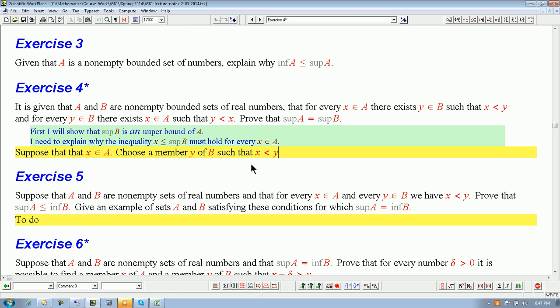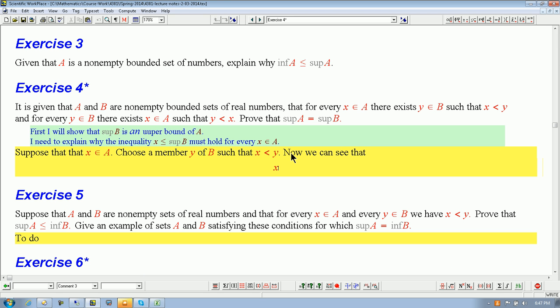So now, choose that. Now we can see that x is less than this element y that I've just chosen, which is less than or equal to sup B. How do you know that? Because sup B is an upper bound of B. You understand?